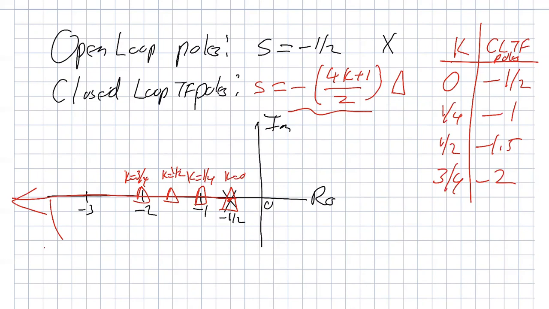So this is our root locus. And the arrow, which is important, is in the direction of increasing k.